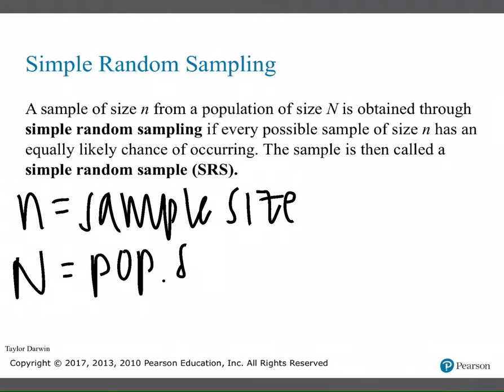As a reminder, sample is part and population is whole. And it says it is obtained through simple random sampling, which we can abbreviate as SRS, and you'll see that a lot as well. If every possible sample of size n has an equally likely chance of occurring, then it's called a simple random sample.